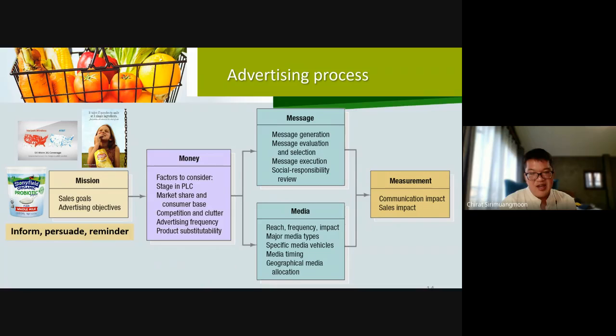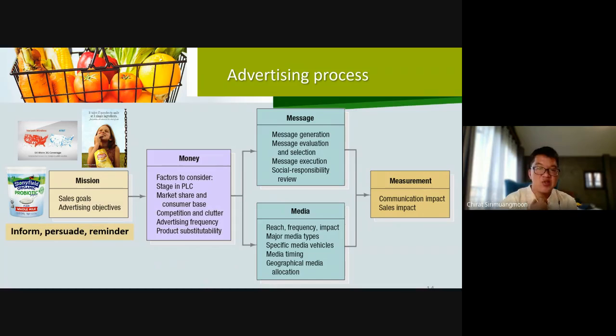Then market share and consumer base. You need to think about the market share that you would like to target and the consumer base too, because it's dealing with the money that you need to use. If your market share is quite big, please try to use the media that announces or distributes your information widely.